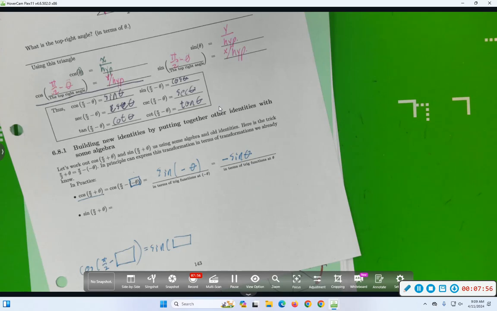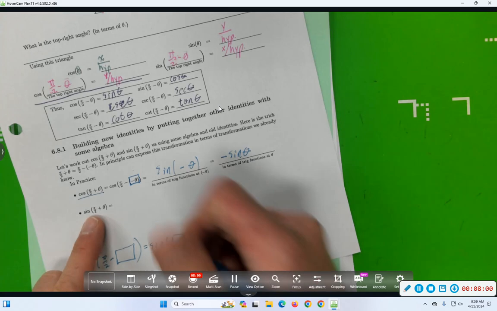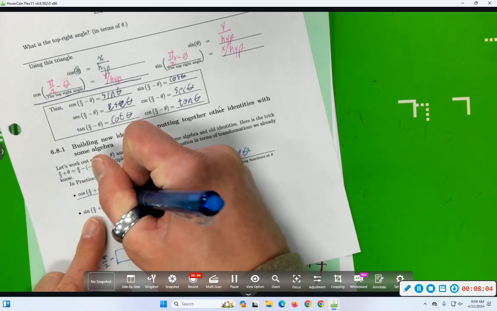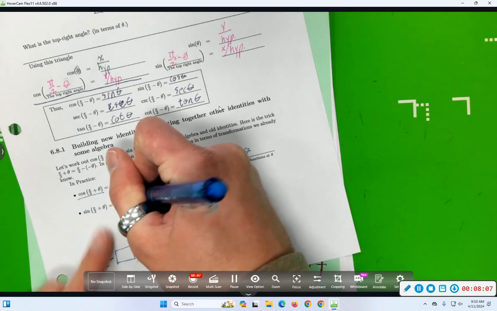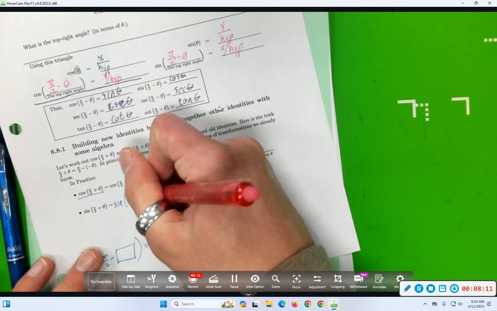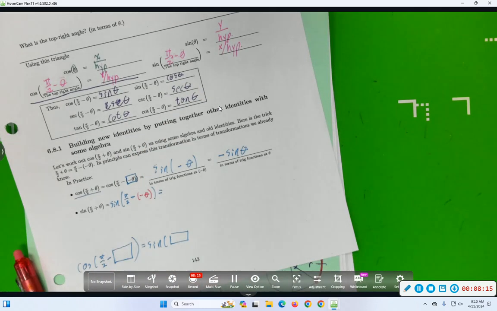Let's play the same game with the opposite. So let's compute the sine of pi over 2 plus theta. We'll think of it as the sine of pi over 2 minus theta. And let's follow the exact same steps as above, just with sine instead of cosine.